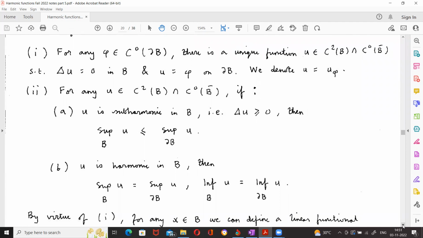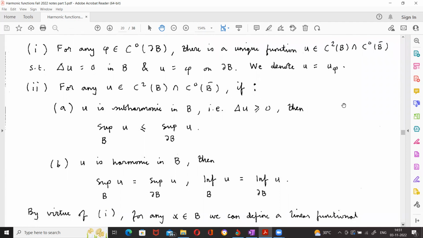Fine. So let me call the solution of this Dirichlet problem for the geodesic ball with boundary values phi, u sub phi. Now, we have the following weak maximum principles for subharmonic and harmonic functions.